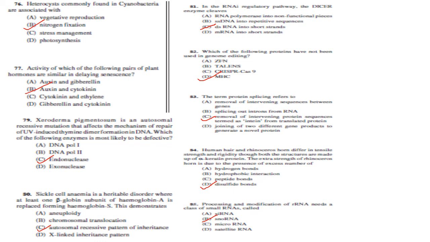The core enzymes that are usually involved are CRISPR-Cas9, transcription activator like effector nucleases, that is TALENs, zinc finger nucleases, ZFNs, and homing endonucleases or meganucleases. So option D, that is MHC, is not involved. Answer is option D.